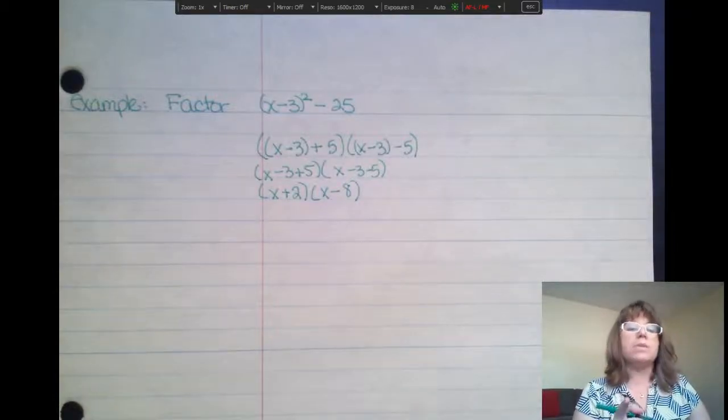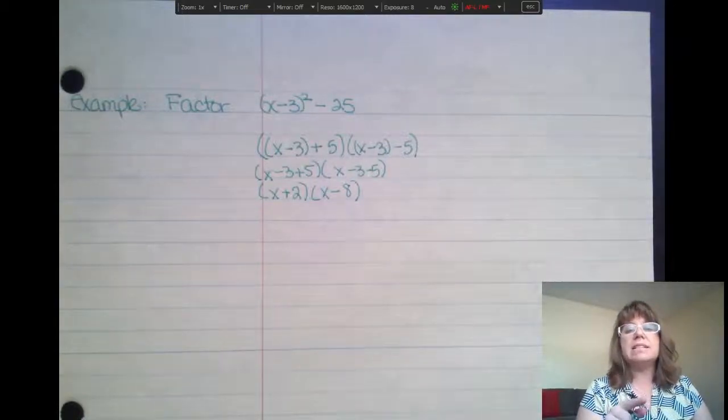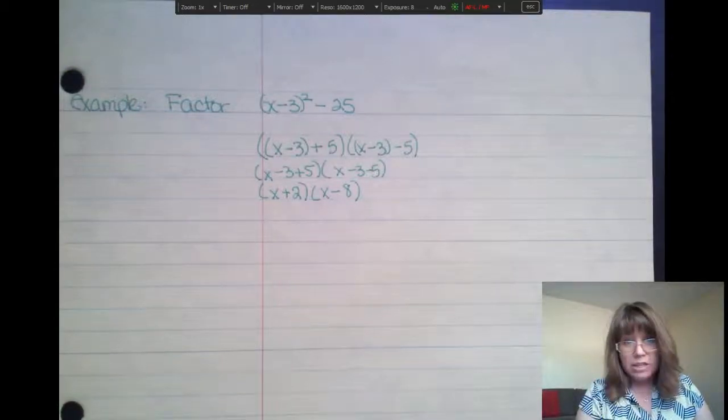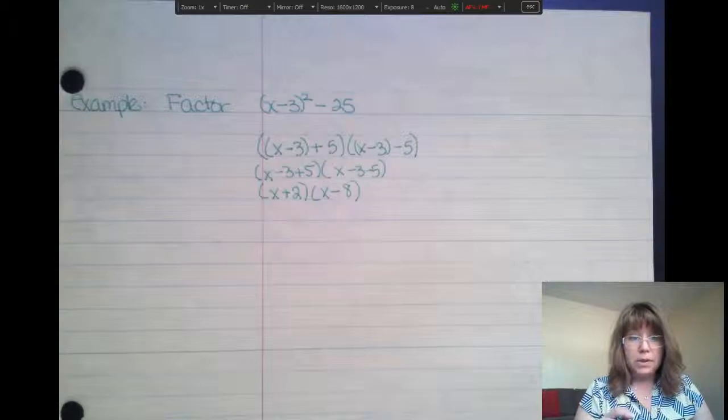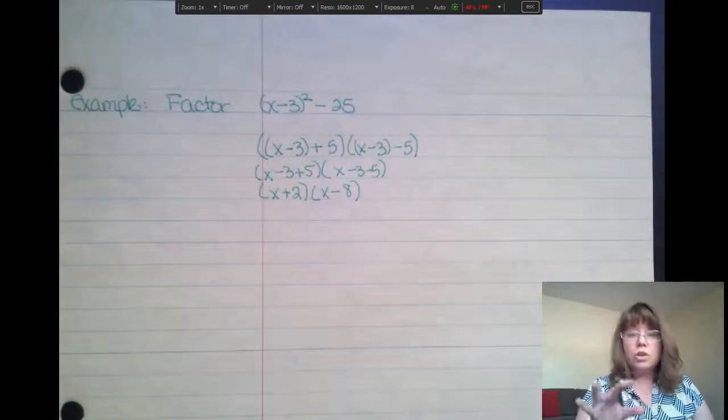But the cool part about this was I didn't have to immediately FOIL that x minus 3 out. I saw that it was the difference of perfect squares, and using that knowledge, I made the problem a little simpler. Now I could have FOILed that out. If you don't see it immediately, you could use all the tools that you have at your disposal.